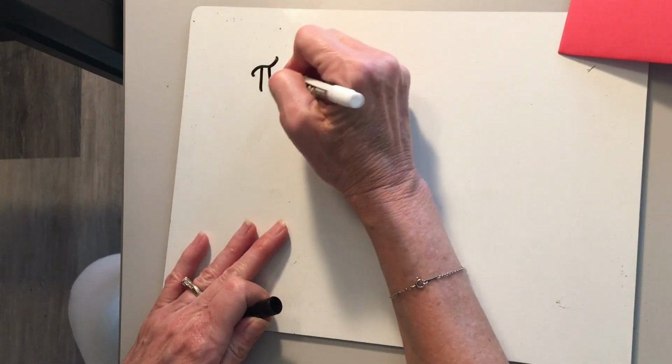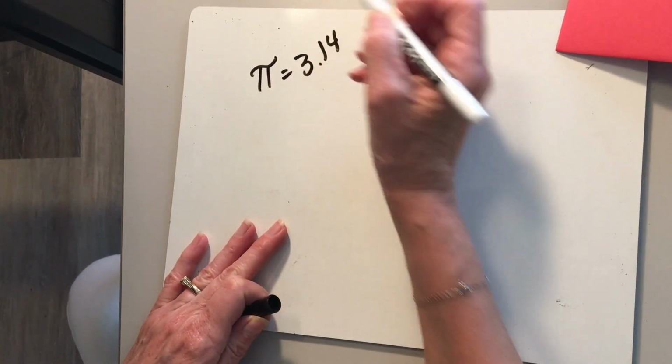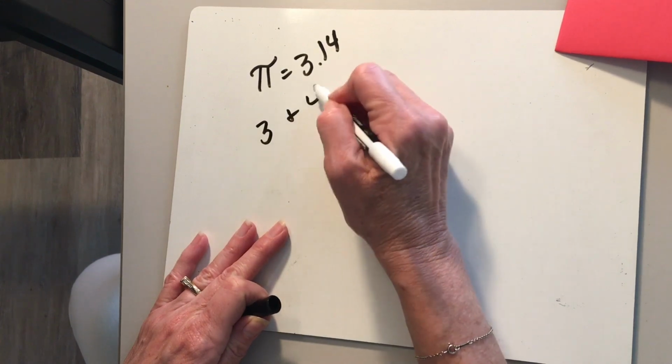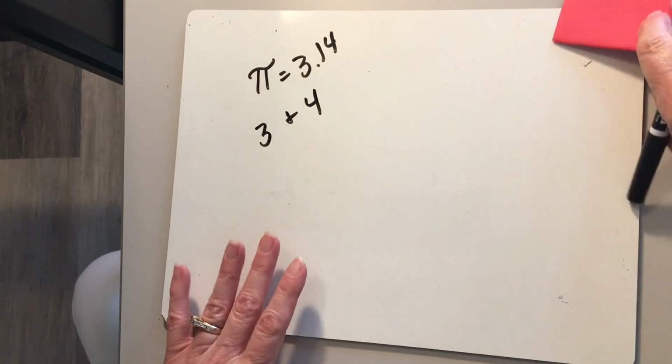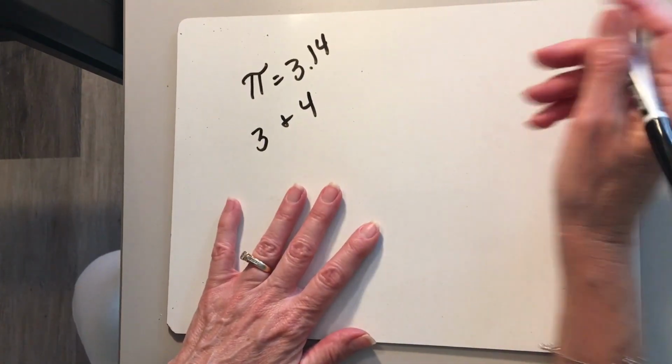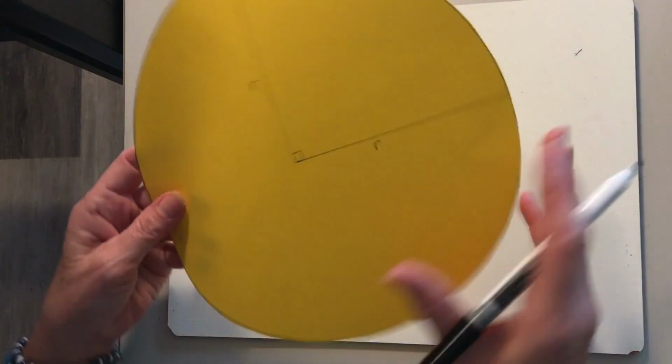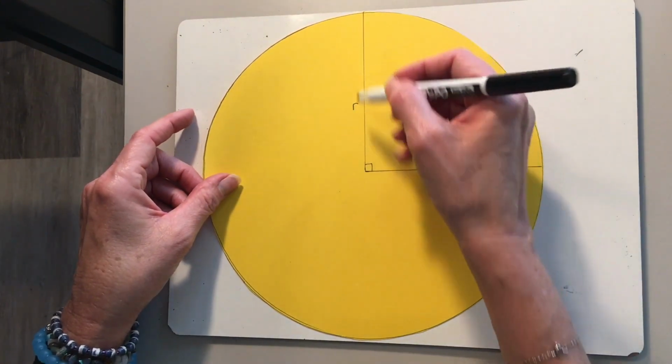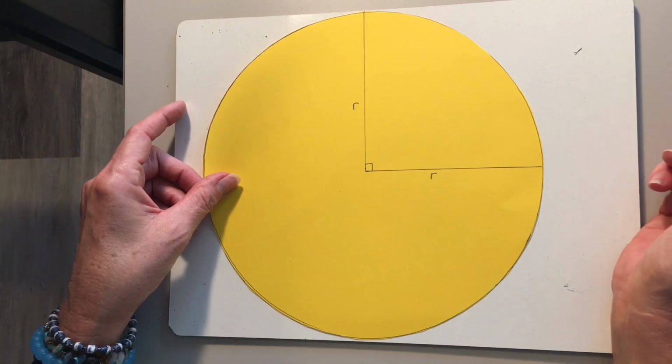That is 3.14. That is between 3 and 4, isn't it? Yes, it is. So if we take a look at our circle again, we are going to use r squared as part of the formula.